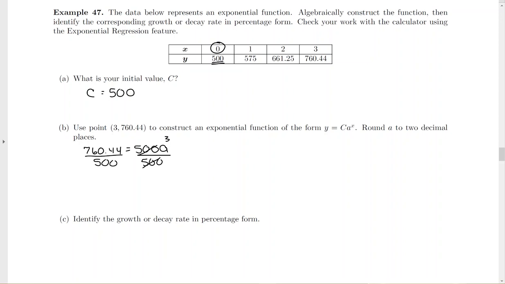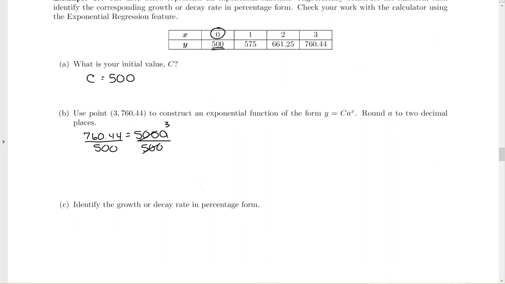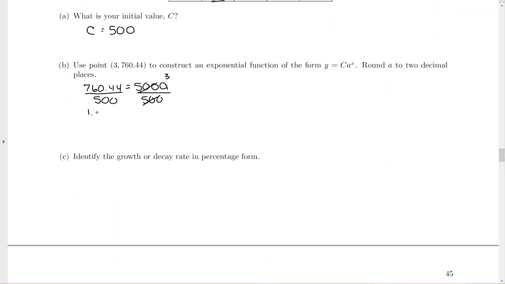Okay, and for this one, I got 1.52088 equals a cubed. We're going to go back through the same process, take the cube root of both sides so that the power and the root cancel. And again, with your calculator, double check that you're taking the cube root of this number. When rounded, I came up with 1.15.